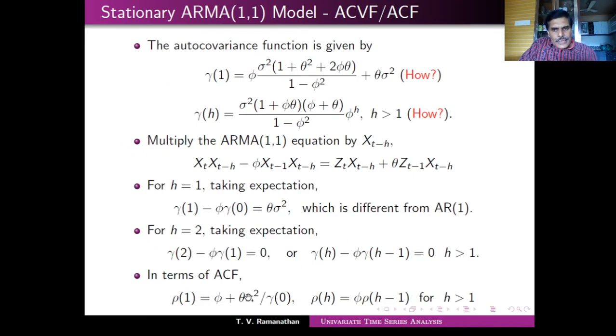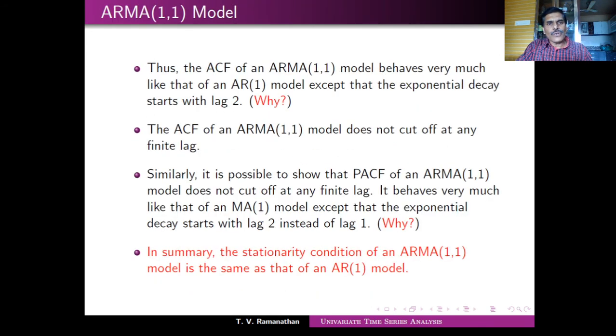Now if you divide by gamma 0, in terms of the ACF, rho h is equal to phi rho h minus 1 for h greater than 1. And for h equal to 1, you have this equation. Now you can simplify and get all the autocorrelations.